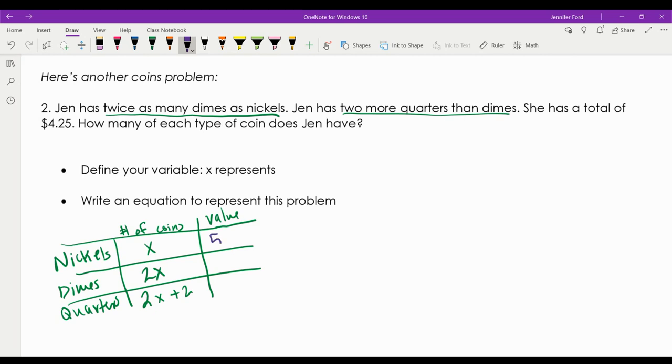Nickels are 5 cents, so 5 times x is the value. Dimes are 10 cents, so 10 times 2x. Quarters are 25 cents, so 25 times (2x plus 2). All right, what does x represent? x represents the number of nickels.